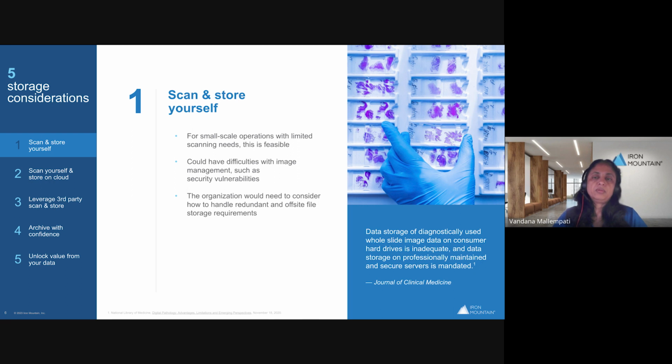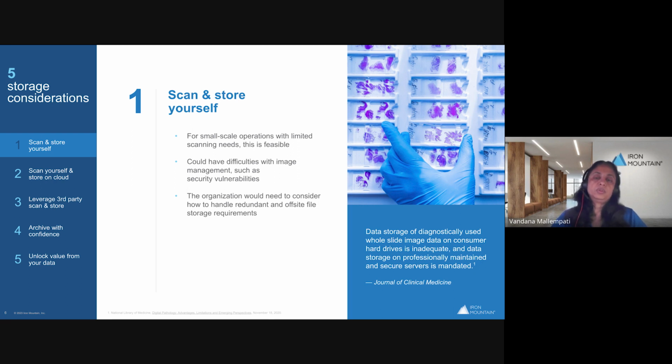In this scenario, there could be difficulties with image management, such as security vulnerabilities related to protected health information and limited scalability. The organization would also need to consider how to handle redundant and offsite file storage requirements.